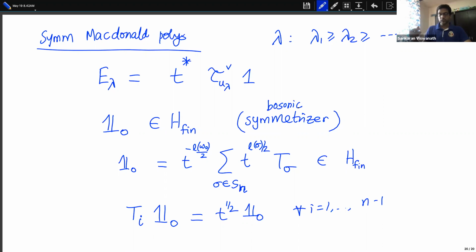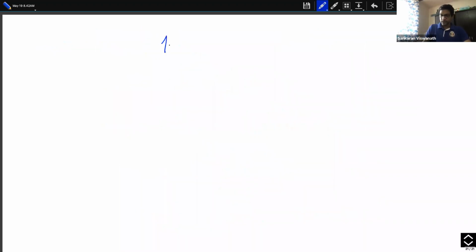There's also the symmetrizer with signs, the anti-symmetrizer. So you just take the symmetrizer and you apply it to the non-symmetric Macdonald polynomial. You just take this element and you apply it to E lambda. Okay, and there's some normalization again that's required in order to get the coefficient of the corresponding monomial to be 1.